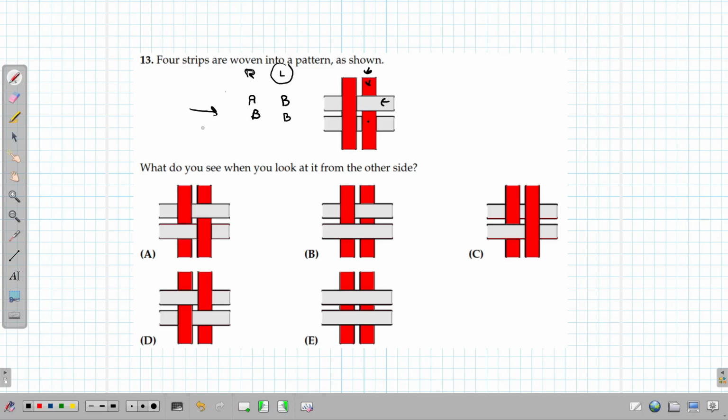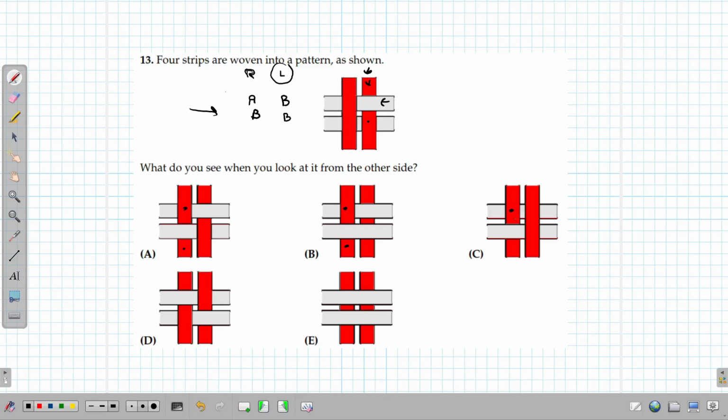Okay. So we have at the right above and behind. So the red strip is above and the red strip is behind. So it's correct. And the red strip is above the gray strip and behind the gray strip. So it's correct.